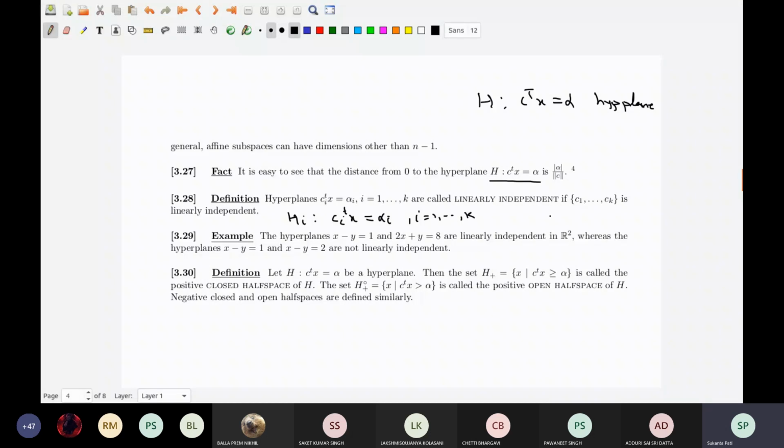For example, take the hyperplanes x minus y equal to 1 and 2x plus y equal to 8.